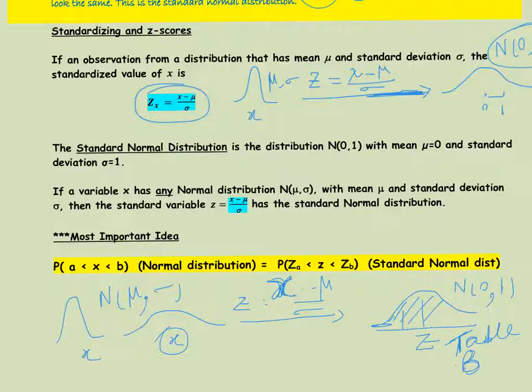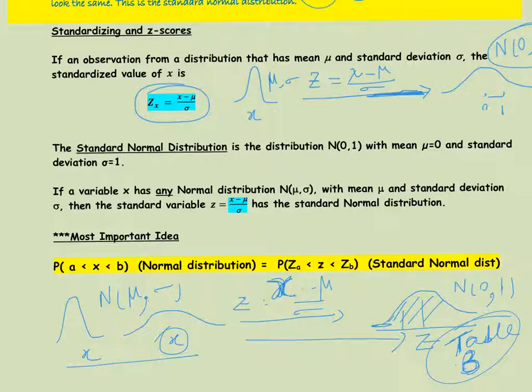That's table B from your textbook, and that gives us the areas under the standard normal distribution. So once we take the regular normal distribution, convert it to its standard form, then we can find the areas using table B.